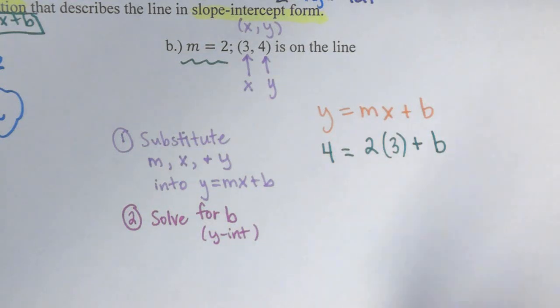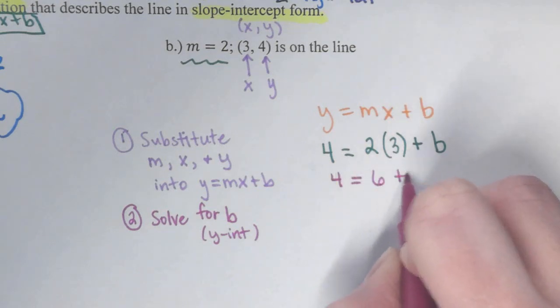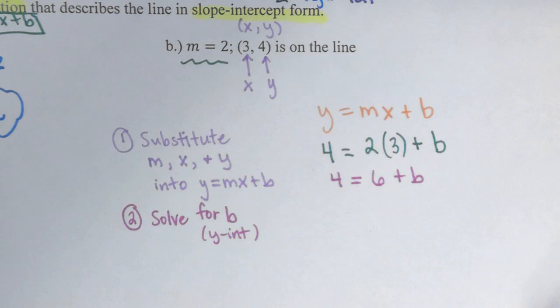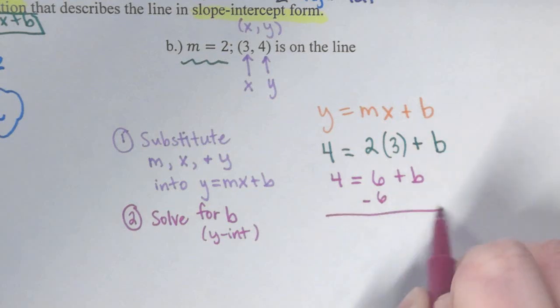So what's 2 times 3? 6. So I have 6 plus b, and then on both sides, if I want to get b by itself, what do I have to move over? Yep, so I'm going to subtract 6 from both sides.